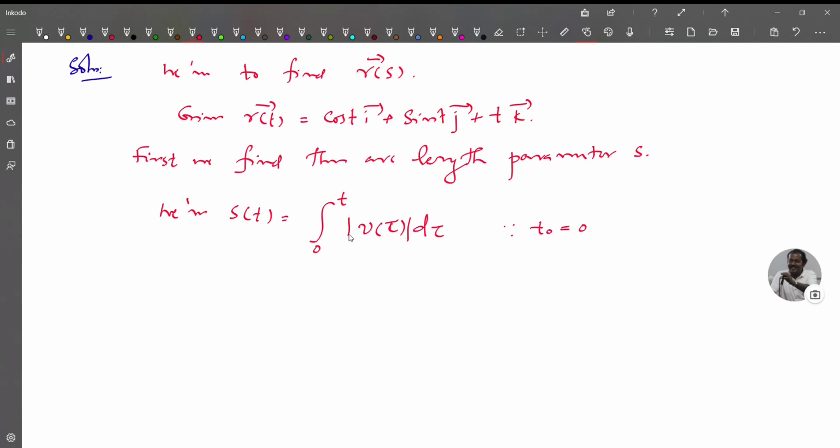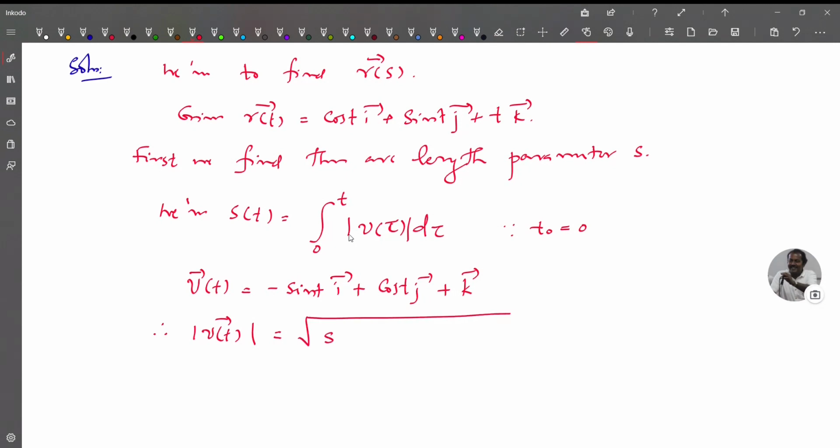So we have v of t is minus sin t i plus cos t j plus k, since r of t is cos t i plus sin t j plus t k. Therefore, modulus of v of t is square root of sine square t plus cos square t plus 1. So this is root 2.